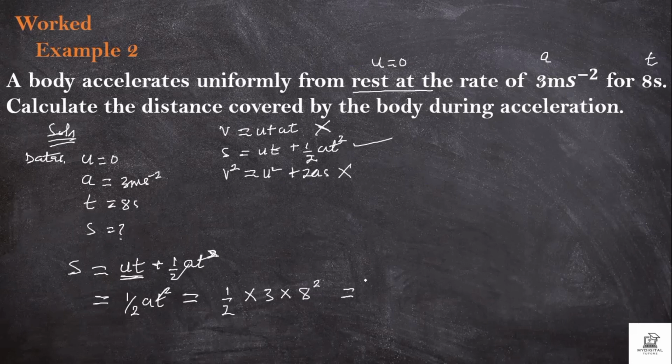So we're going to have 3 multiplied by 64 all over 2, which will give us 3 multiplied by 32. That will give us 96 meters. I hope this is understood.